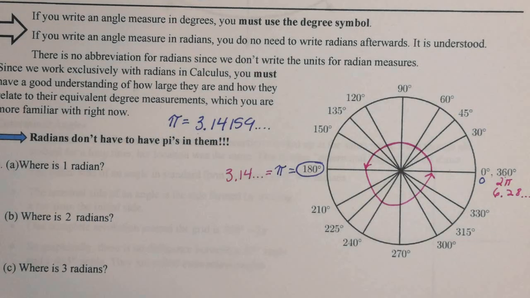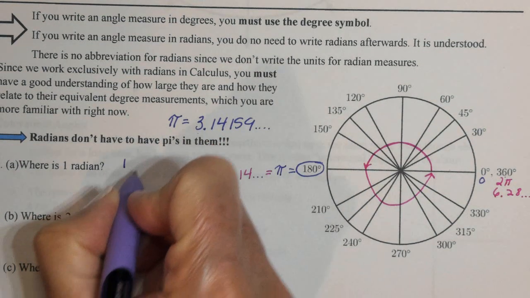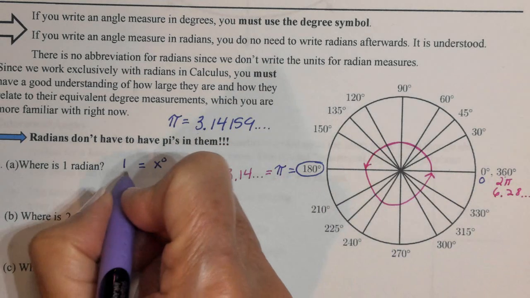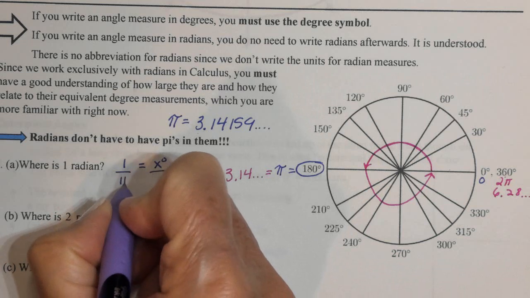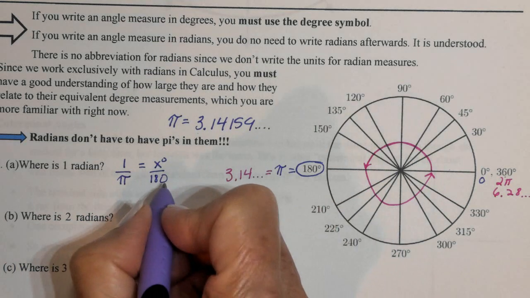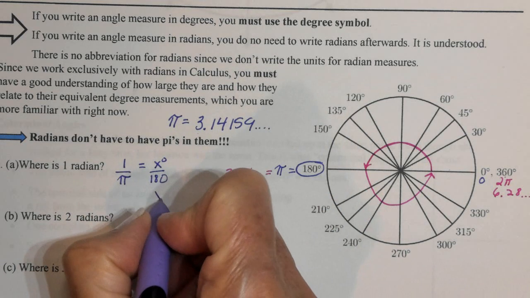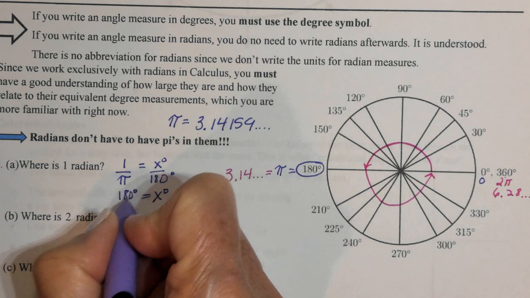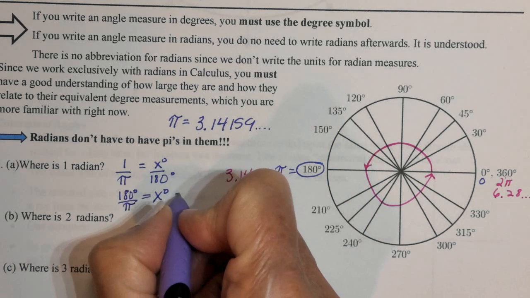Okay, I'm going to come back over here. 1 radian. I want to know how many degrees. Well, I know that pi radians is 180 degrees. So if I multiply both sides by the 180, I get x degrees is 180 degrees divided by pi.